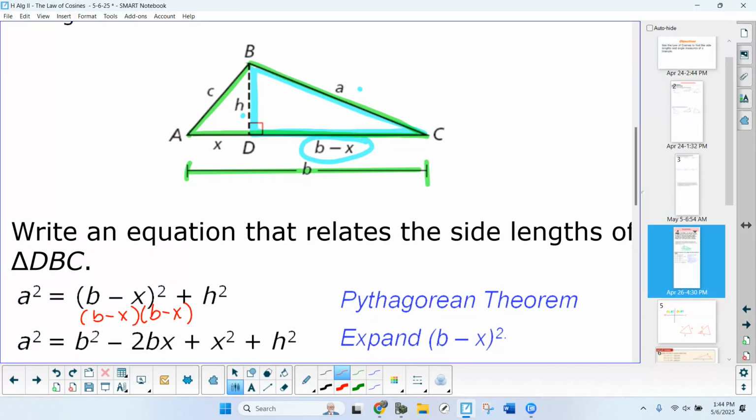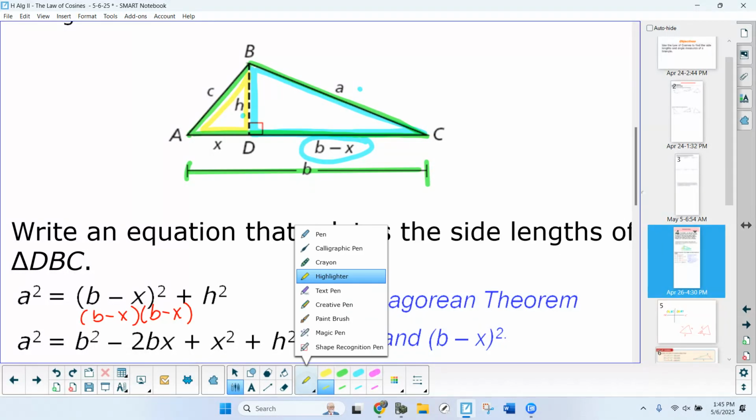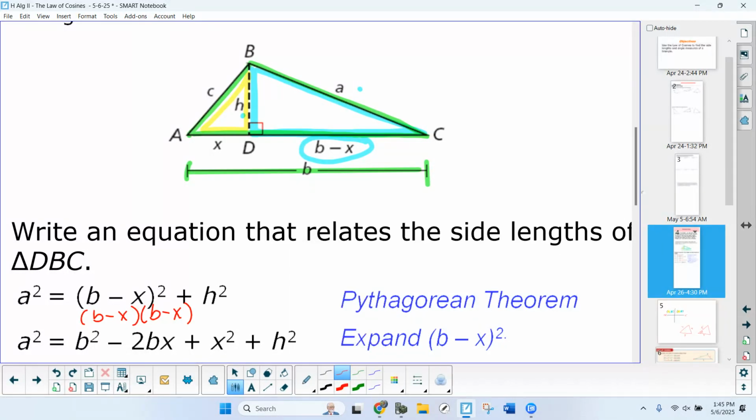And then they looked at this, we'll do yellow triangle over here. You can kind of see that yellow triangle. And in that yellow triangle, we can come off to the side and we can say that c squared is equal to h squared plus x squared. You guys agree with that? Pythagorean theorem of the yellows, hypotenuse c squared is equal to x squared plus h squared.